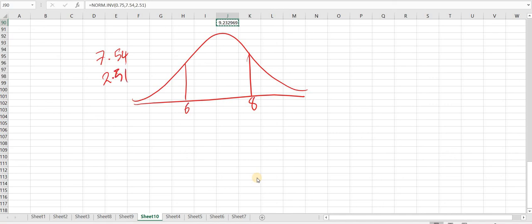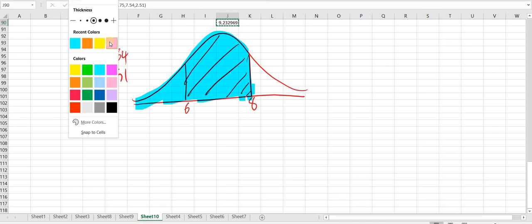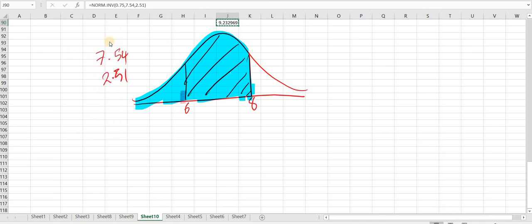So to find the area in between, you're going to find the area to the left of the big number, which is the blue area. And then you're going to subtract from it the area to the left of the small number, which is this pink area right here.